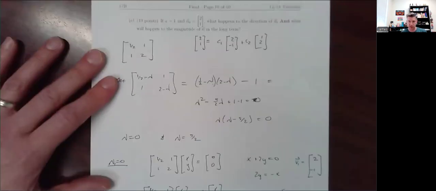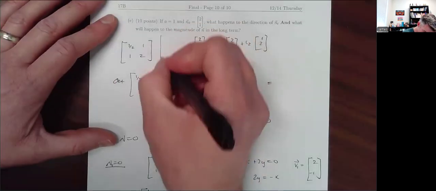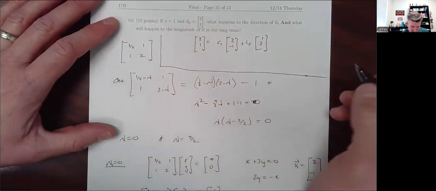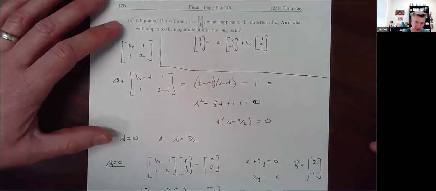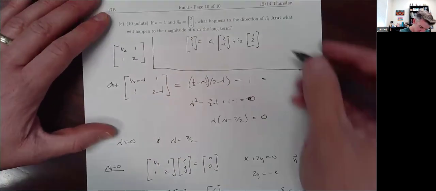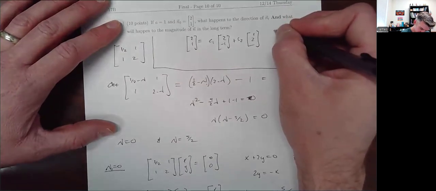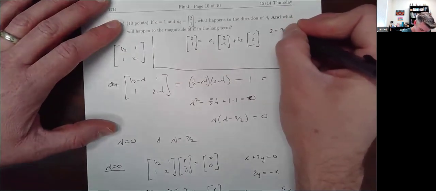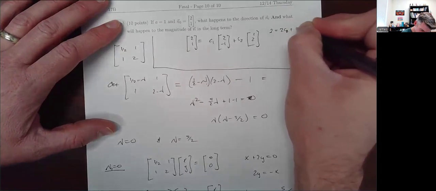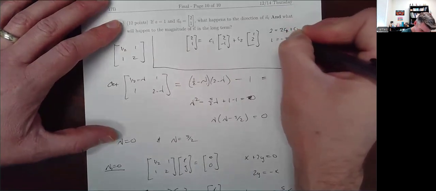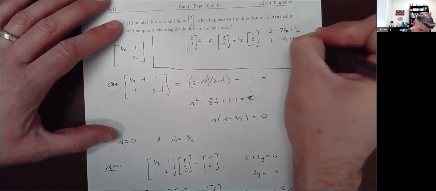Sorry, you can't see that. Apologies. Solving this out, I don't love to do this work here. So we have 2 equal to 2c1 plus c2, and 1 equal to negative c1 plus 2c2.